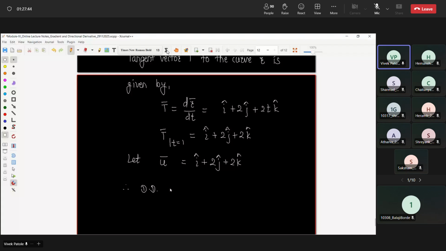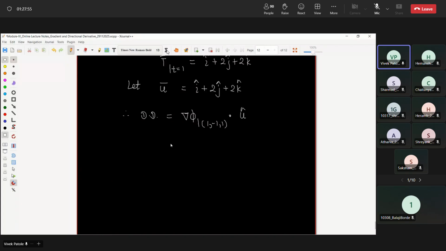directional derivative. So directional derivative is equal to del phi dot with u cap, which is equal to i cap minus j cap minus 3k cap dot with 1 by 3 into i cap plus 2j cap plus 2k cap.